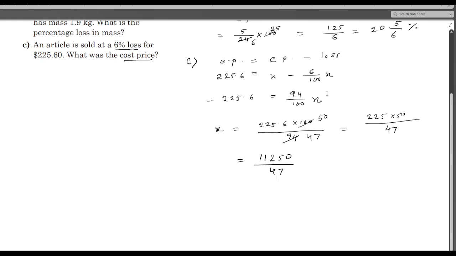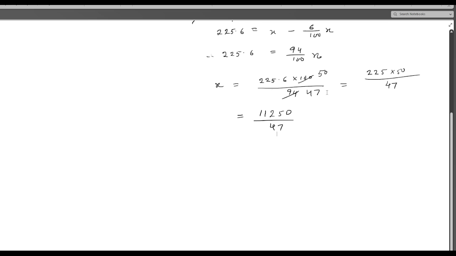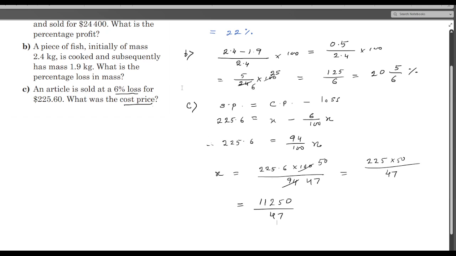Wait, I am making some mistake. An article is sold at a 6% loss for 225.6. Yeah, here 225.6 is also there.